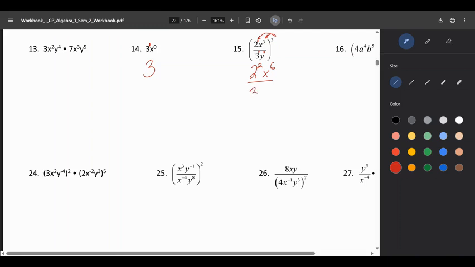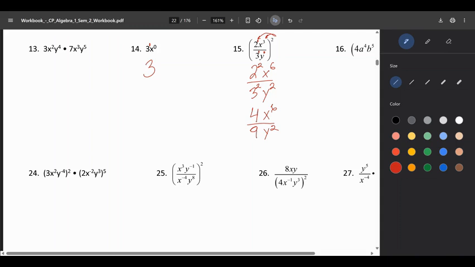And then 3 to the power of 2 times 1 is 2, and y to the power of 2. From there, we can further simplify by knowing that 2 to the power of 2 is 4, 3 to the power of 2 is 9, so we get 4/9, and x to the power of 6, and y to the power of 2.